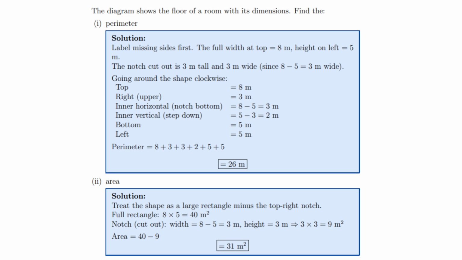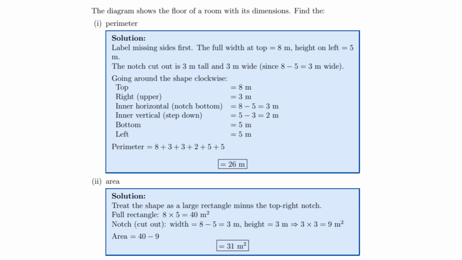Then area. You can solve this as two rectangles, then you add them together if you want to do it like that. Or you can solve it as a whole and cut out from it. So treat the shape as a large rectangle minus the top right notch.